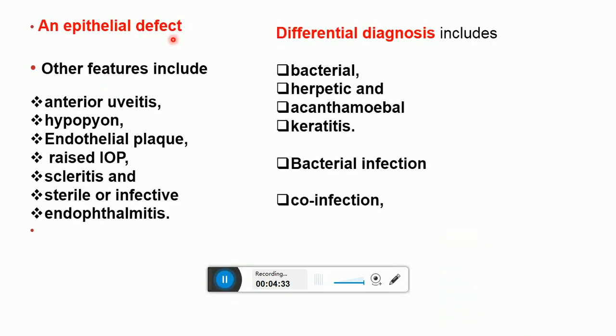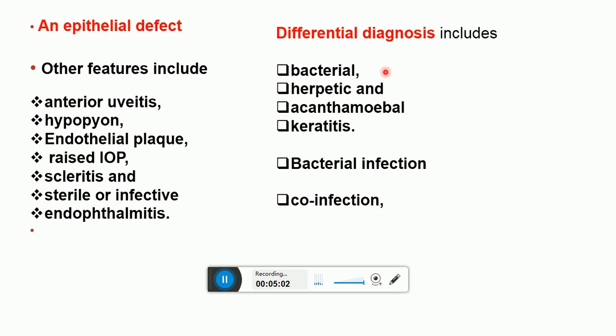There is an epithelial defect, which is sometimes small when present. Other features include anterior uveitis, hypopyon, endothelial plaque, raised intraocular pressure, scleritis, and sterile or infective endophthalmitis.